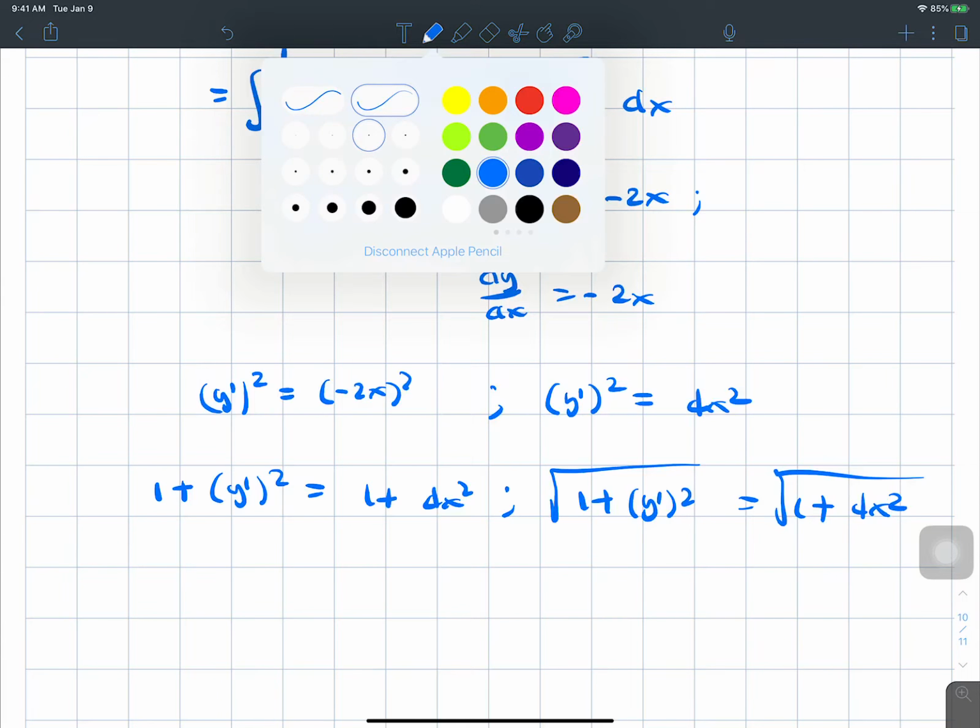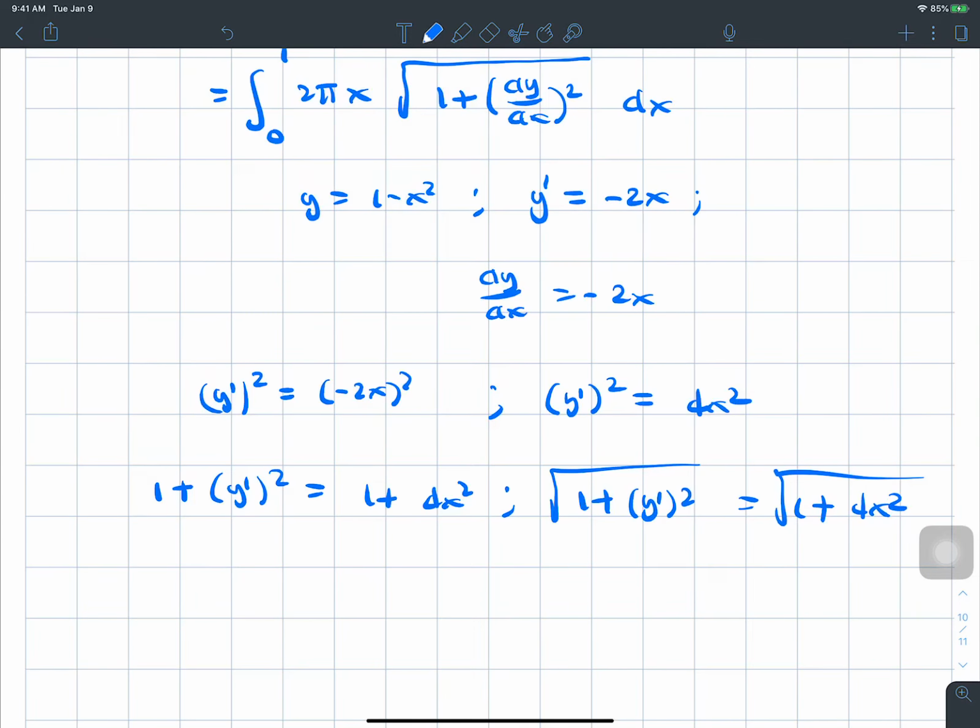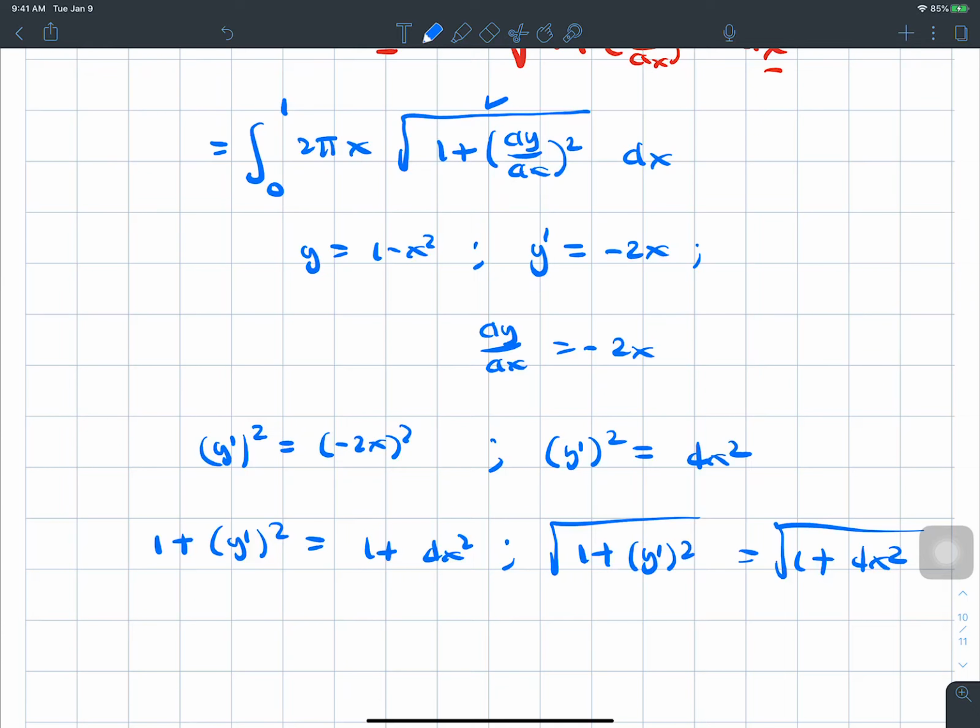So all together now, let's take a look at this. We just found what we needed right up here, but we already have 2 pi x. Surface area is an integral 2 pi x square root 1 plus 4x squared dx, and x here goes from 0 to 1.